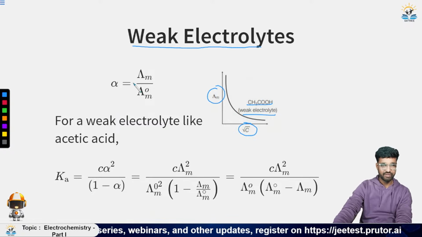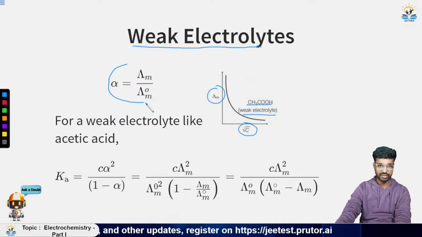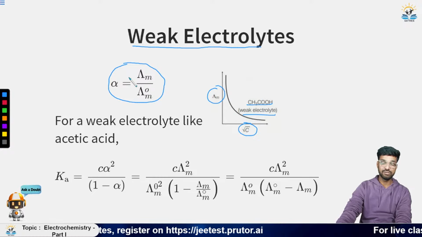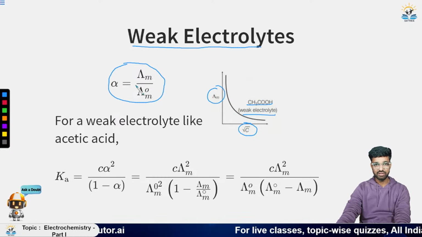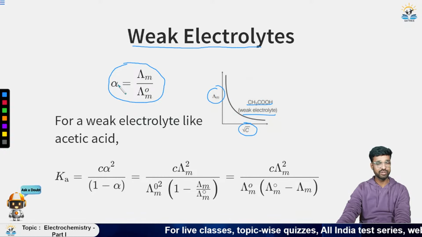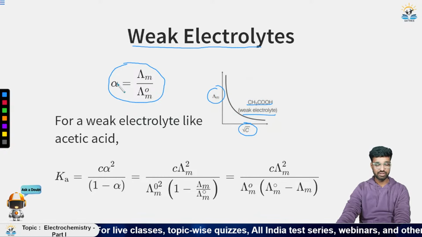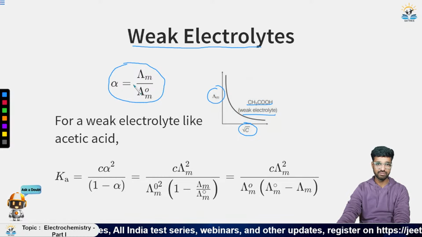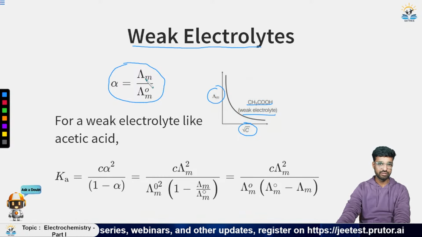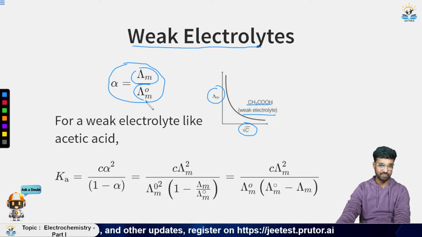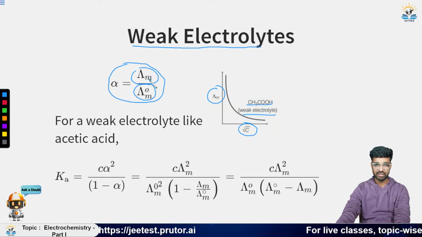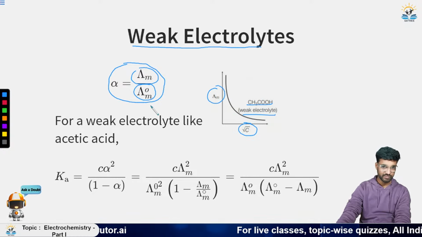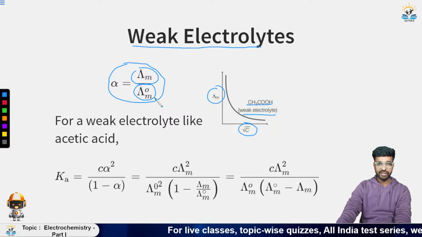Now for a weak electrolyte we have a different kind of relation. It is related mainly to ionic equilibrium. That's why I have said that the ionic equilibrium chapter may be used in this chapter as well. If you want to calculate the fraction of molecules that have dissociated, or you can say the degree of dissociation or ionization, it is calculated as alpha is equal to lambda m by lambda naught m, where lambda m is the molar conductivity at a given concentration divided by the molar conductivity at infinite dilution.